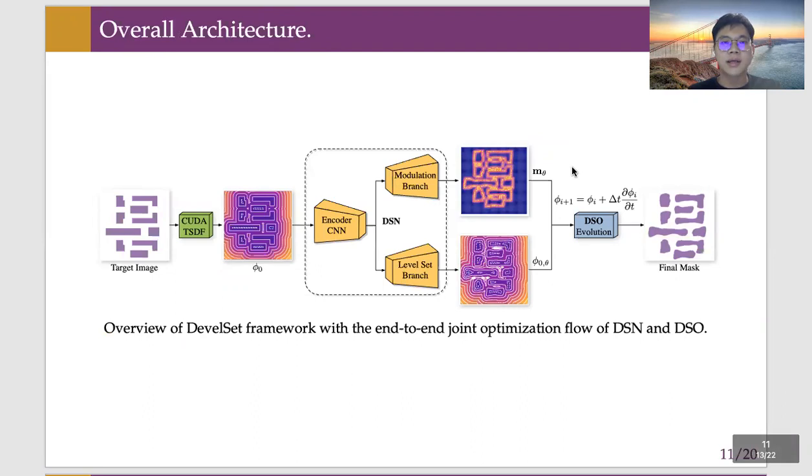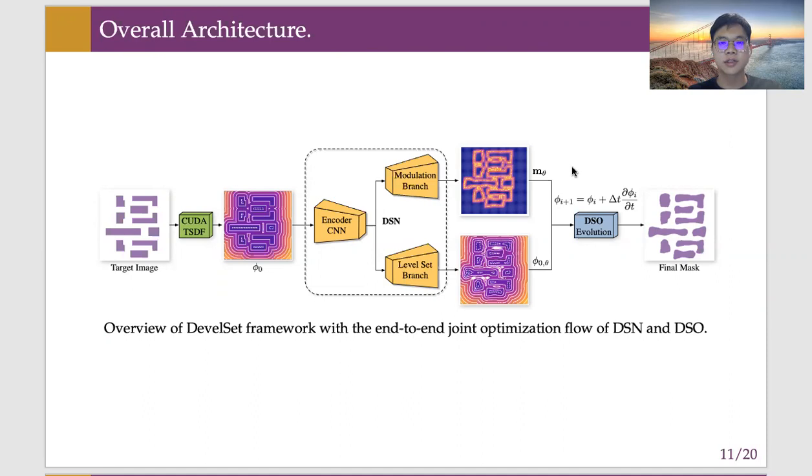The overall architecture is visualized in the figure, and it is an end-to-end joint optimization flow with the DevelSet network and DevelSet optimizer. Given a target image, it goes through the CUDA TSDF module to get the initialized level set function phi 0.